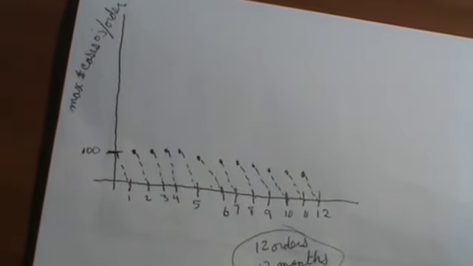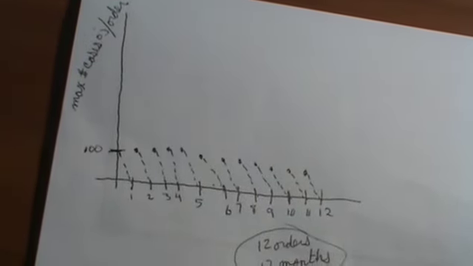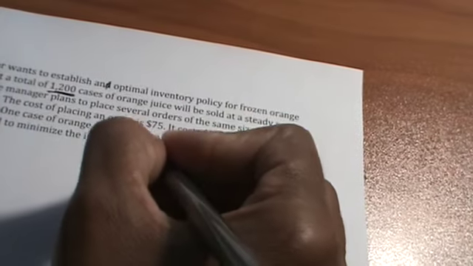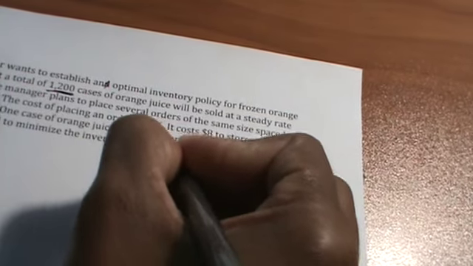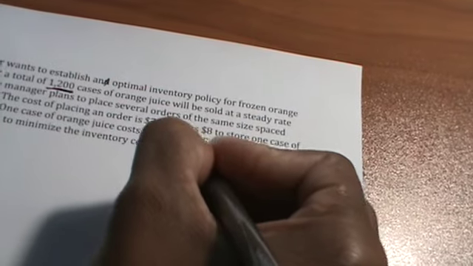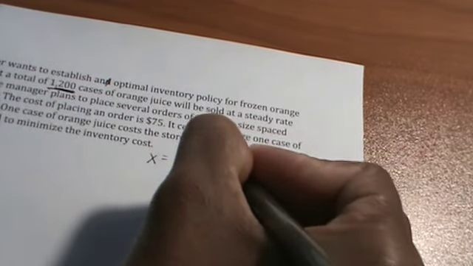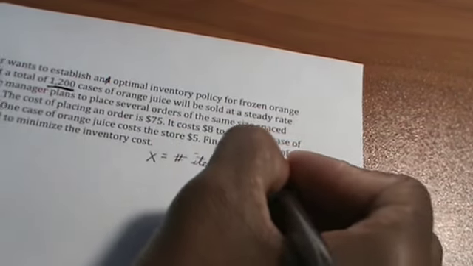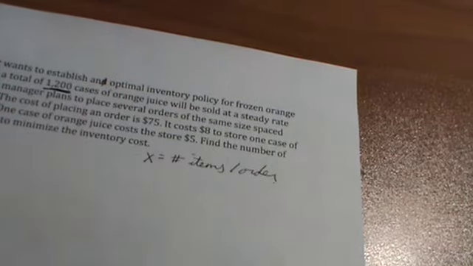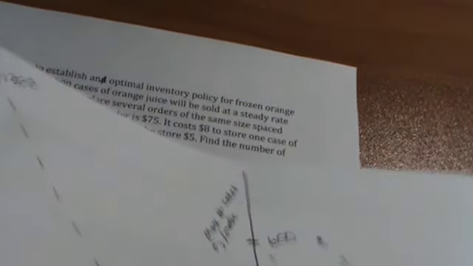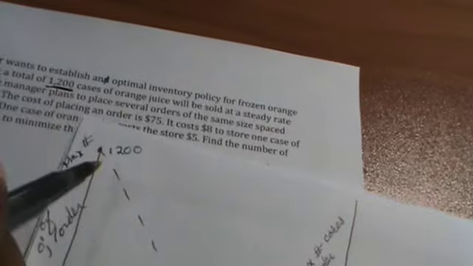Now that we've established that, it's a good idea for us to write down what our variables are. Let's start there. We'll let X equal the number of items per order. In this very first case, it was 1,200.